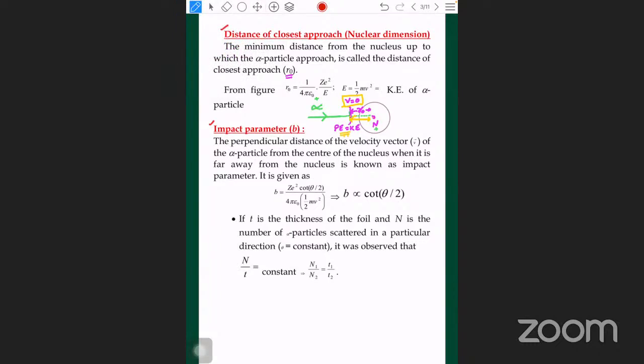Equating potential energy and kinetic energy, we get the formula: distance of closest approach is equal to 1 by 4 pi epsilon naught into Z E squared divided by capital E, where E represents the kinetic energy, half m v squared.